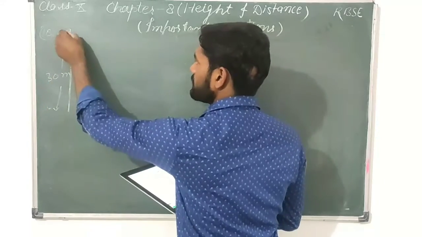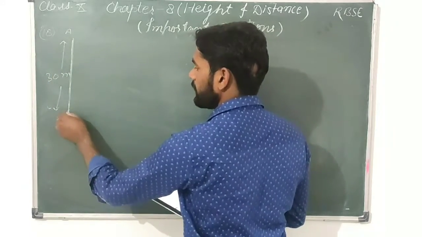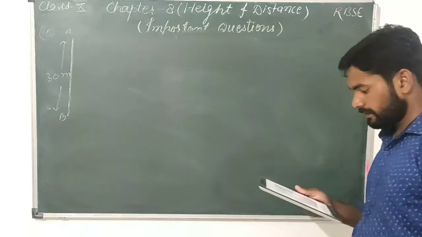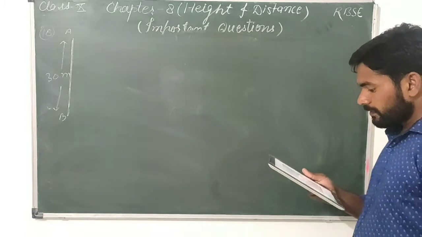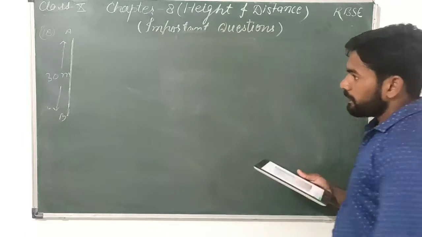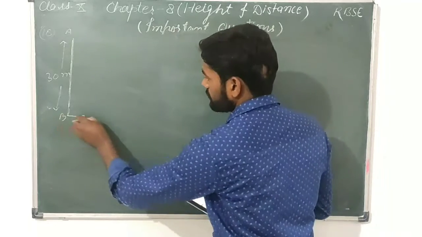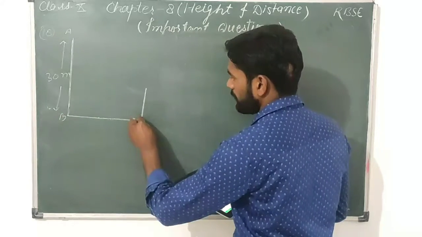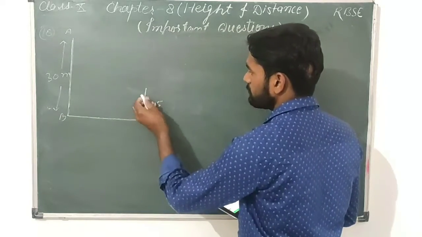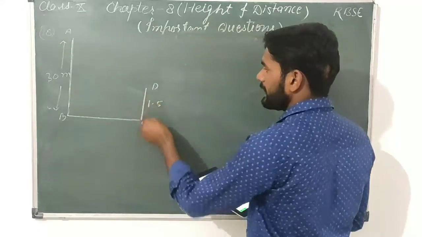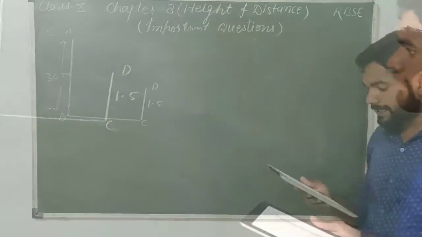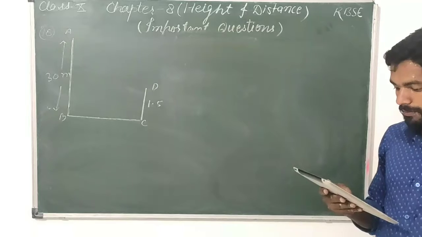Let this building be represented by points A and B, and a boy who is 1.5 meter tall. Assume it is point C. CD is the height of the boy, some distance from the building.